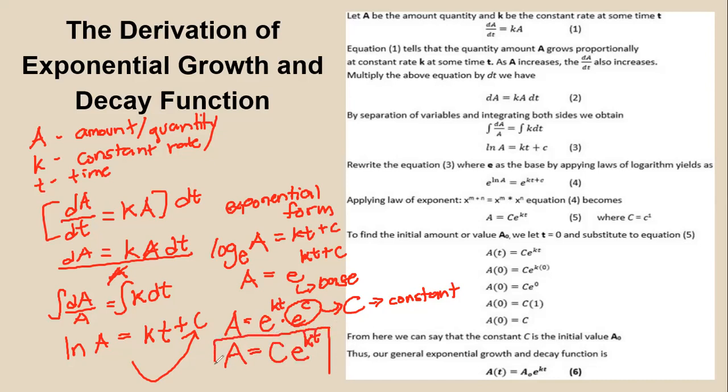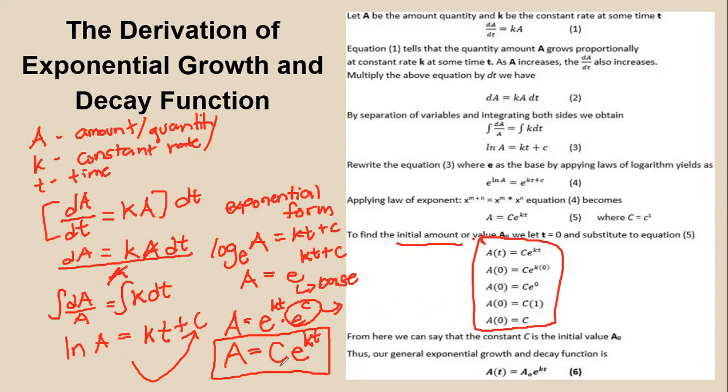Alright, so that will be our final formula. Okay, so na-derive natin yung formula na A is equal to C E raised to KT. Meron tayong time here, meron tayong K na constant rate, and then meron tayong A, which is the amount. Etong C, laging tatandaan natin, so the initial amount.